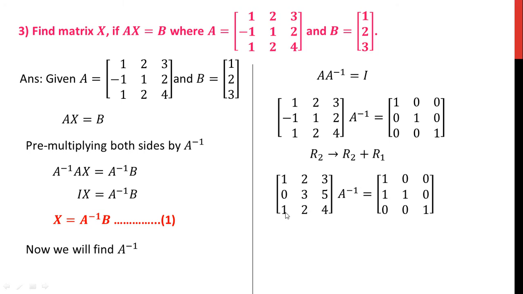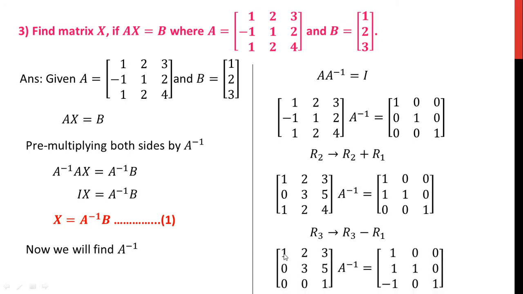Now in the third row we require 0 in this position, which means we have to change row number 3. So R3 changes to R3 minus R1. If you subtract row number 1, then you will get 0 here. Focus on the third row only. First row as it is, second row as it is.